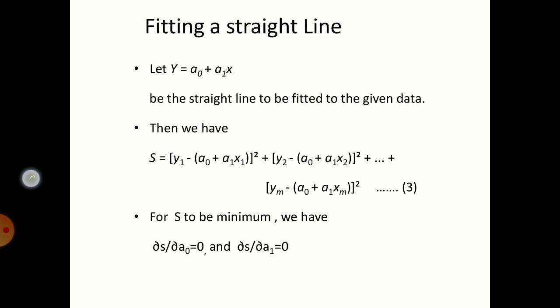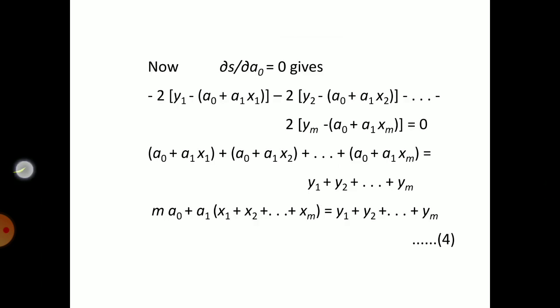Similarly for the next term, and this comes to be minus 2 (y1 minus a0 plus a1 x1) minus 2 (y2 minus a0 plus a1 x2) and plus on, minus 2 (ym minus a0 plus a1 xm) is equal to 0. It is simple. It is a derivative of m terms of square type, and we get this equation. Now the remaining part is a simplification.